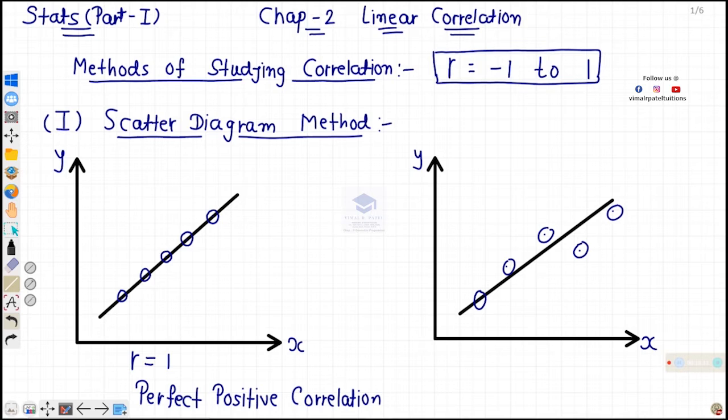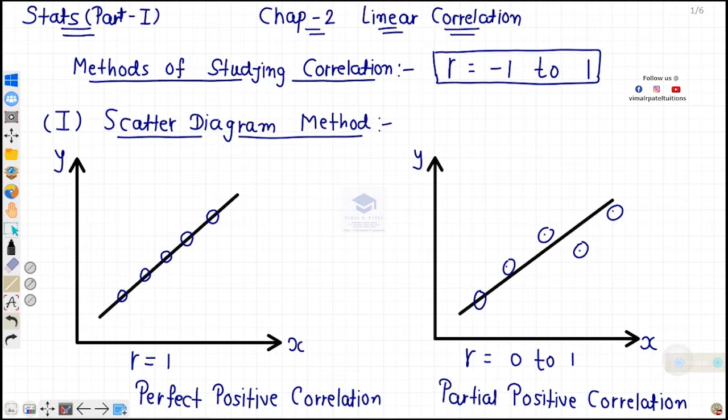So here the value of the correlation coefficient will be between 0 to 1. So that is called partial positive correlation.